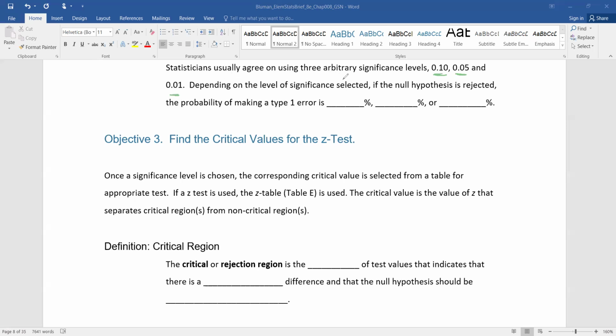Depending on the level of significance selected, if the null hypothesis is rejected, the probability of making a type 1 error is either 10%, 5%, or 1%. This depends on, according to who we work for, what are they happy with? Are they okay with a 10%, or are they going to be pretty darn confident? They're like, you have a 1% probability. Right? Well, again, we don't want to be wrong, but there's always that chance.